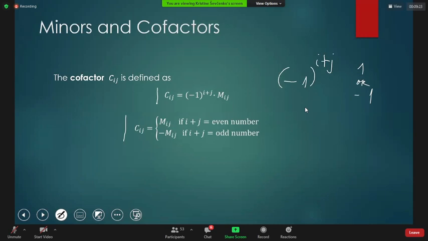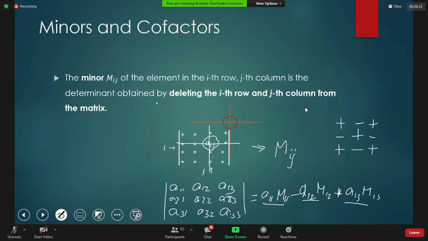Why cofactors? Why do we do these cofactors, in fact? That is because now, if we want, for example, to expand our good old, let's go back, this third order determinant by one row, in this case it is expanded through the first row, right?